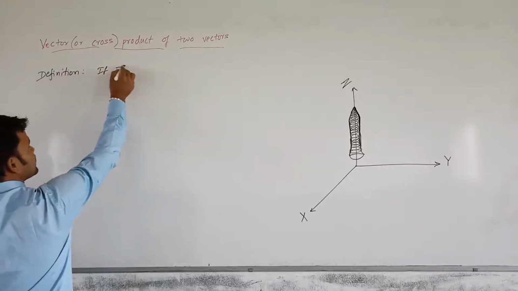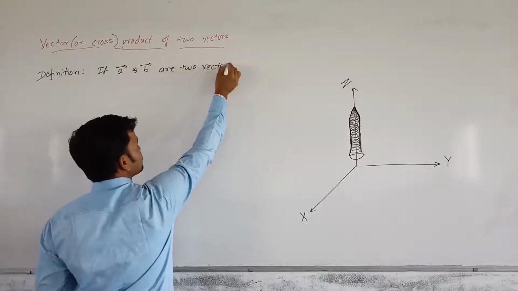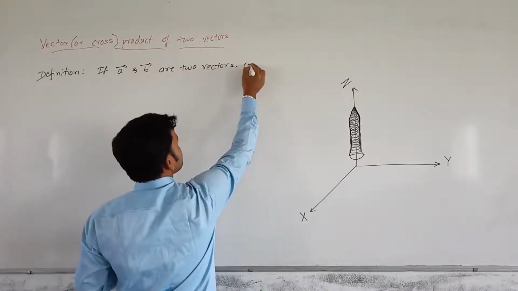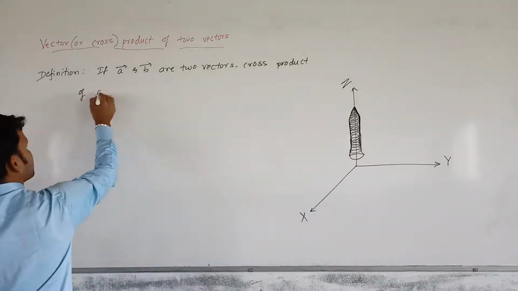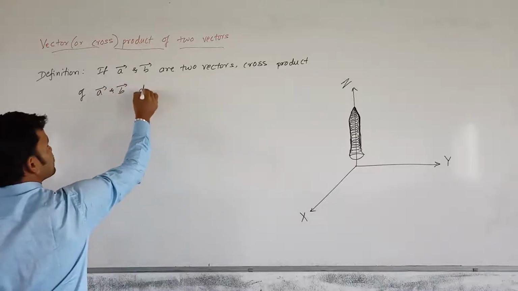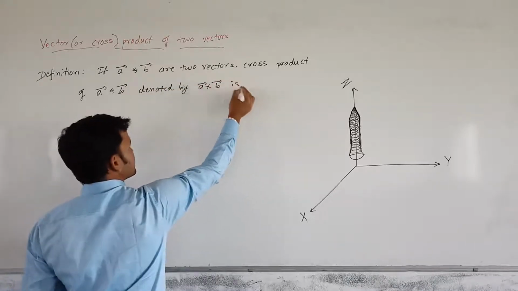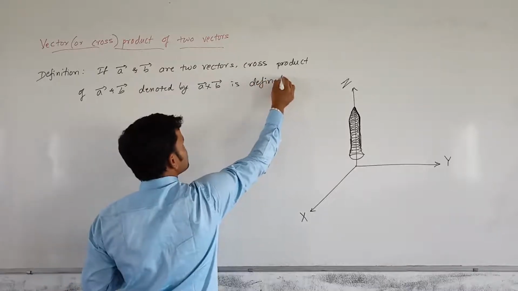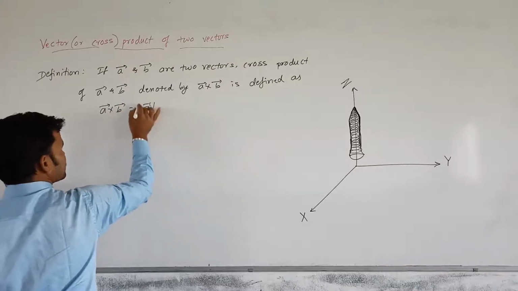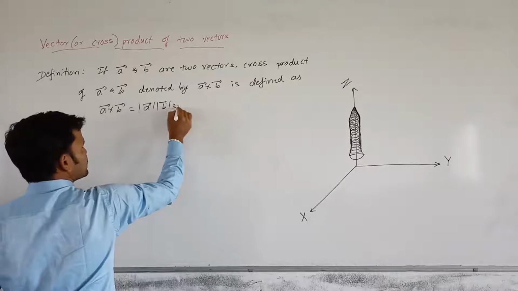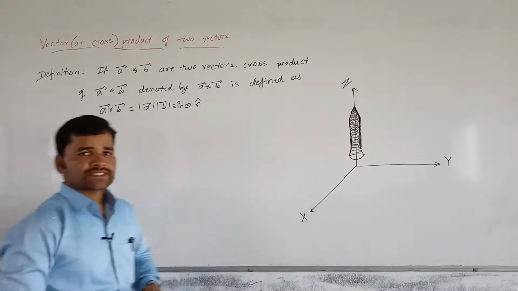If A and B are two vectors, the cross product of A and B, denoted by A cross B, is defined as A cross B is equal to magnitude of vector A into magnitude of vector B into sin theta into n cap. I will explain what notations are used here.